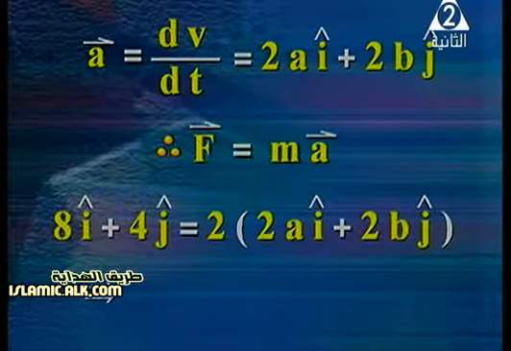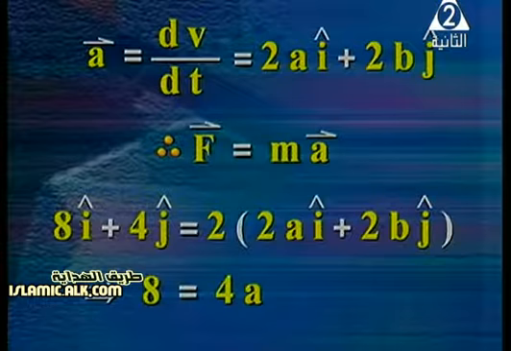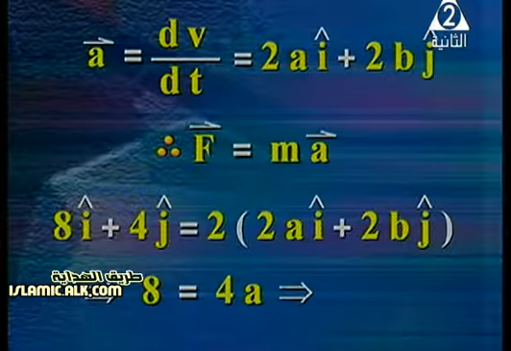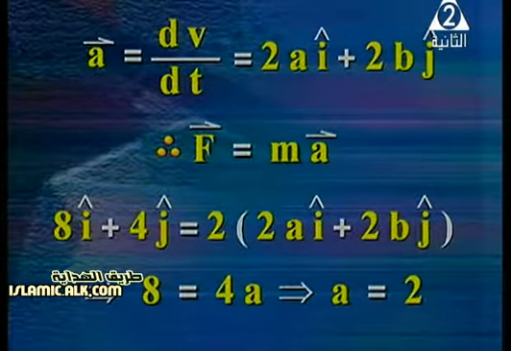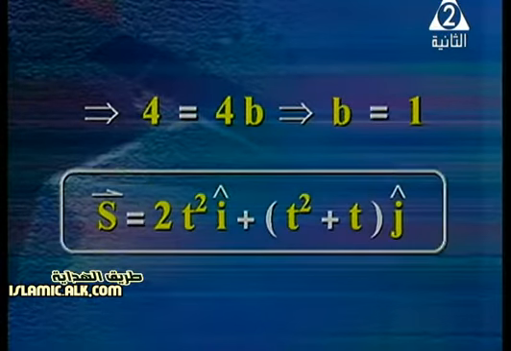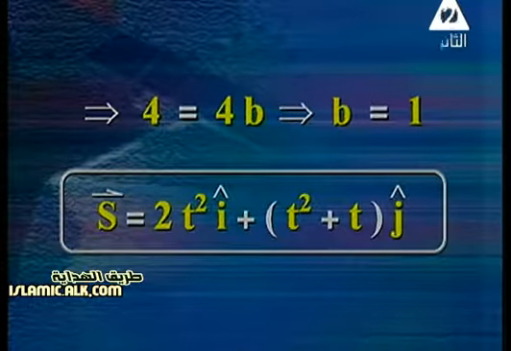By using like terms, we know that 8 equals 4a. What is the value of a? a equals 2. After that, dear student, by substitution, 4 equals 4b, then b equals 1. Therefore, S equals 2t squared i plus (t squared plus t) j.